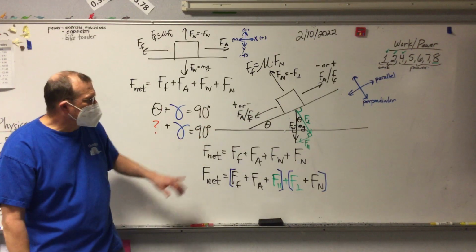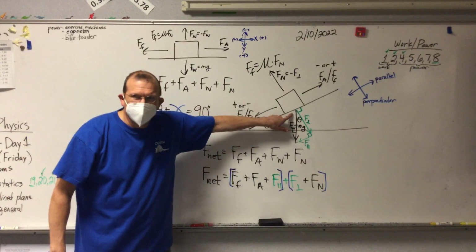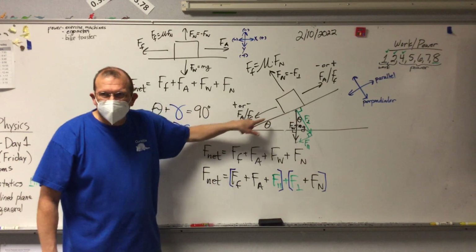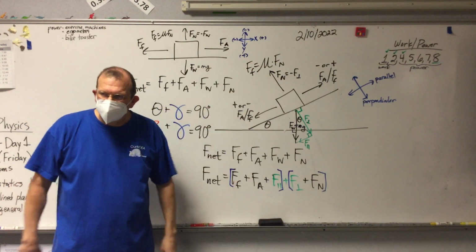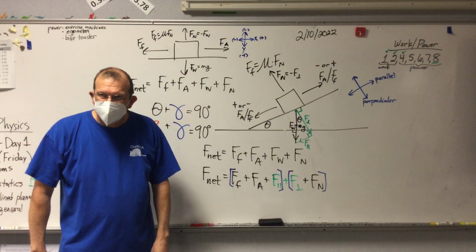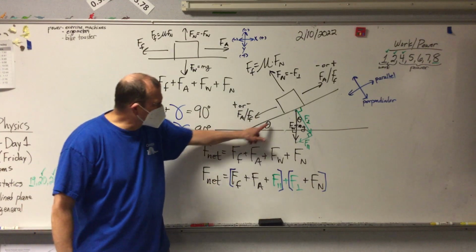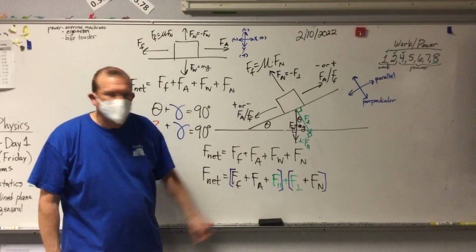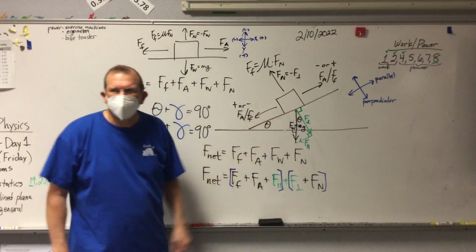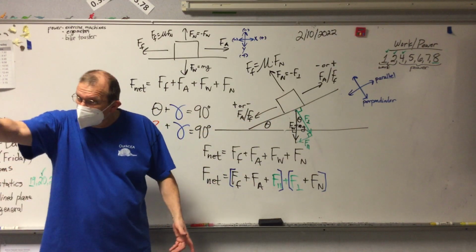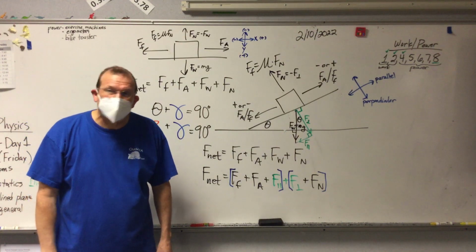The key thing is that if you added this one and this one, what did you get? 90. And if you added this one and this one, what did you get? 90. So, complementary, not supplementary.